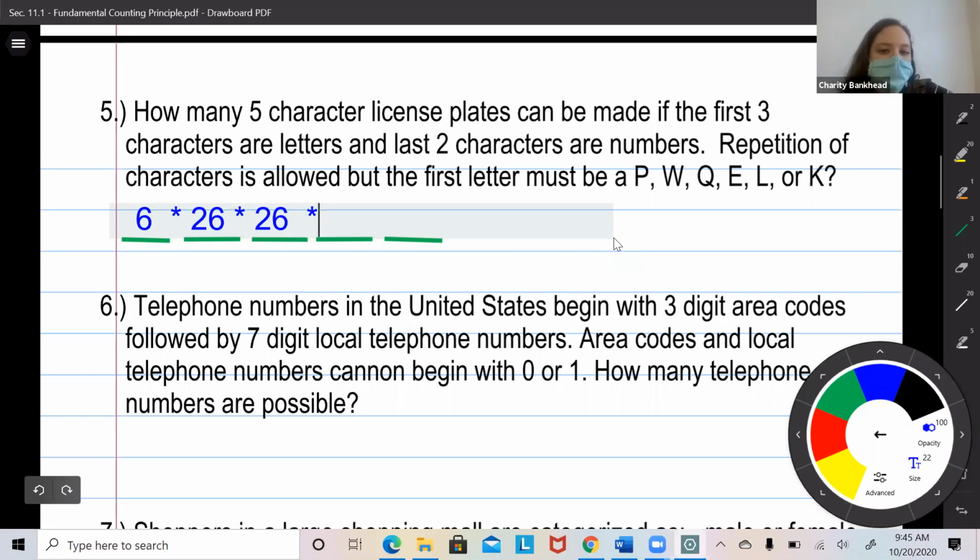And then the last two characters are numbers. So there's 10 options for each of the last two characters, because 0 through 9, that's 10 options. So we just have to multiply all those together.